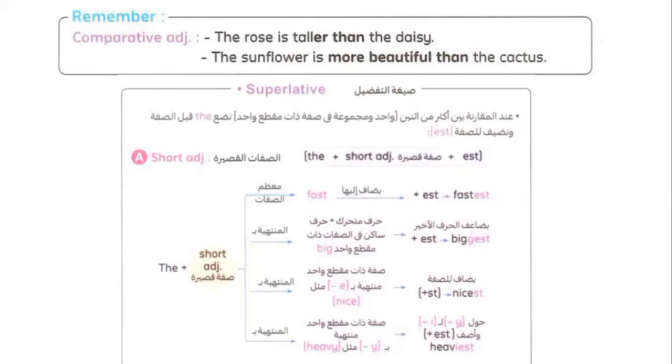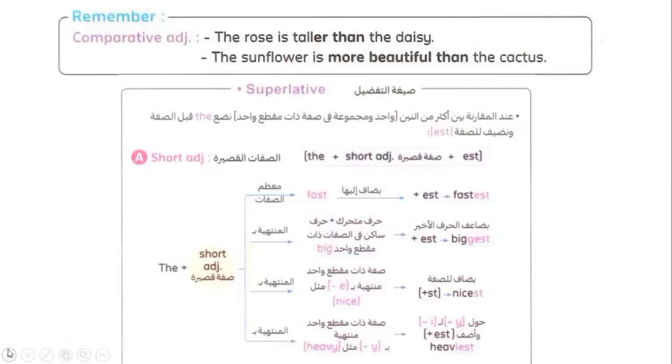Okay. Now, we talk about superlative. If I talk about a superlative, I talk about one compared to a group. Here we have also an adjective. We talk first about short adjectives like fast.